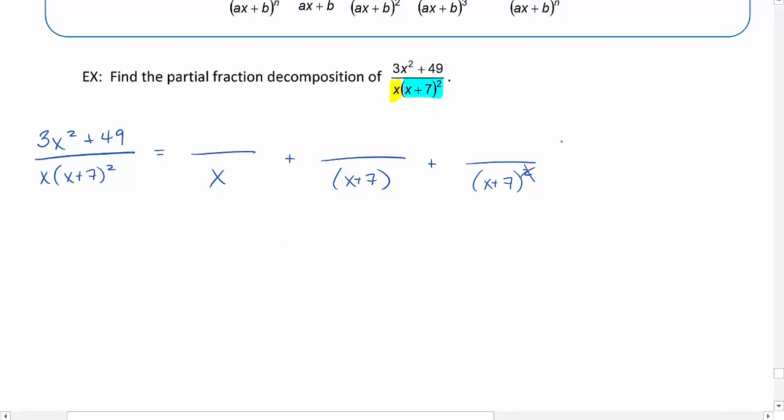I know that makes it quadratic, but the original factor was linear. So that means that our numerators are going to have to be constants. I'm going to call them A, B, and C. Once you get the setup done, all of these are really the same. We're now going to multiply through by the LCD to clear the fractions, which is the same as our original denominator.